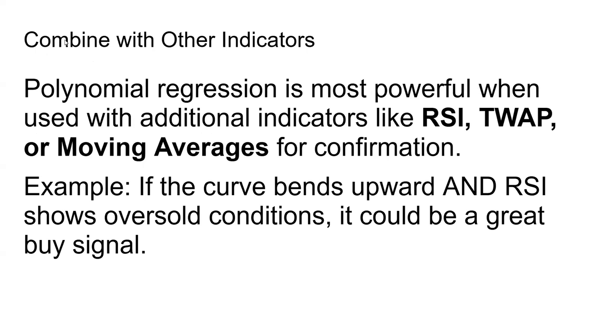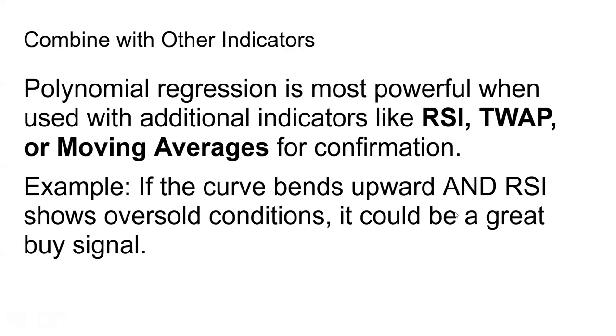So for very effective use of this indicator, combine it with other indicators. See, for confirmation, for everything, you need other indicators to combine. So polynomial regression is most powerful when used with additional indicators like RSI, TWAP, or moving averages for confirmation. If the curve bends upward and RSI shows oversold conditions, it could be a great buy signal.